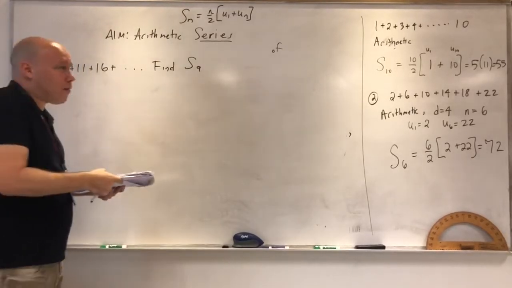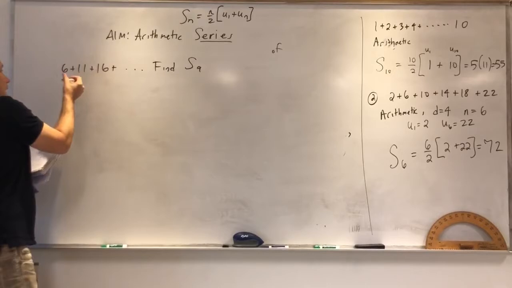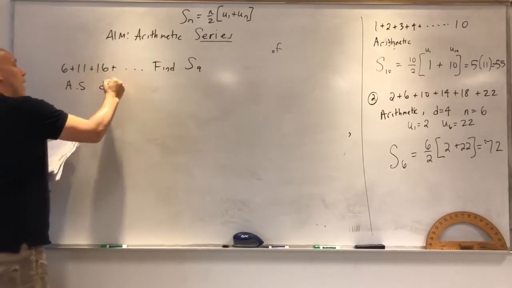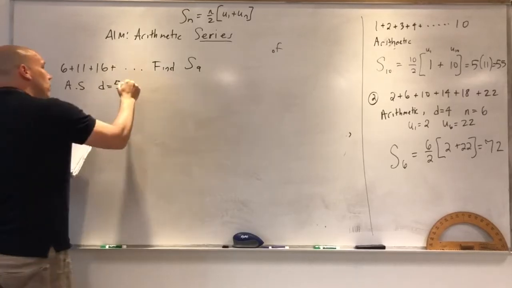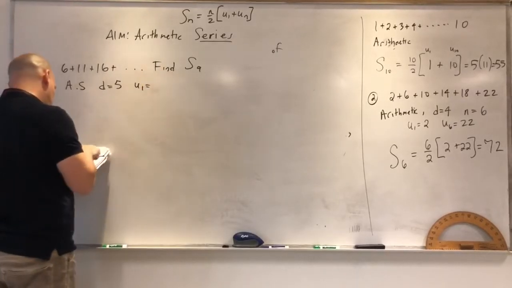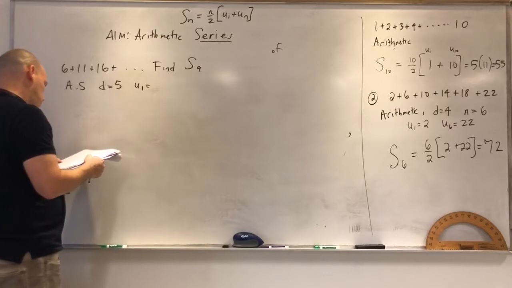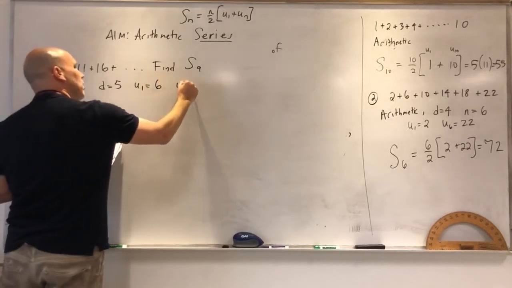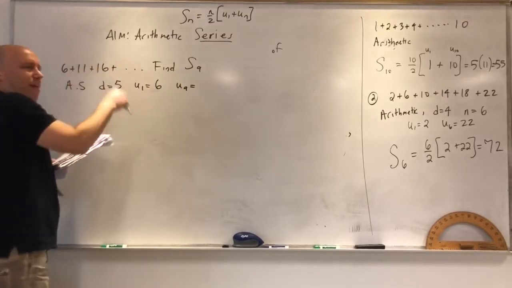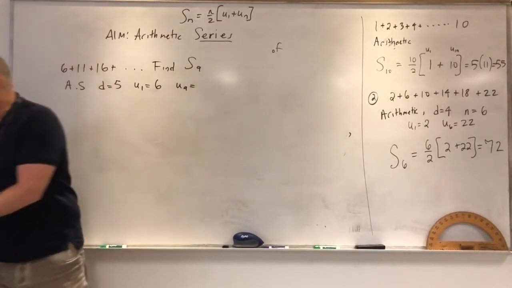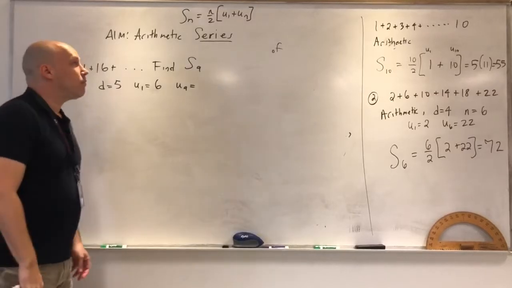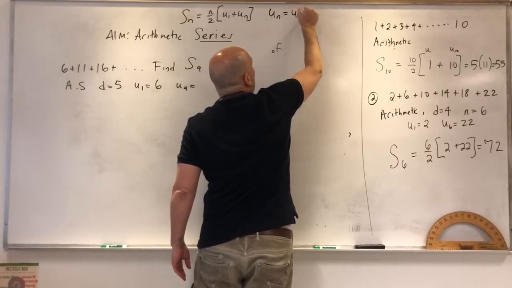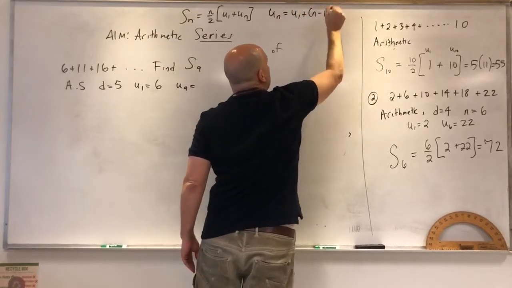It's an arithmetic sequence. I know the common difference is 5, and the first term is 6. What's the 9th term? Well, I don't have the 9th term. Any suggestions how I can find it? Yes, you use the formula u of n equals u of 1 plus n minus 1 times d.